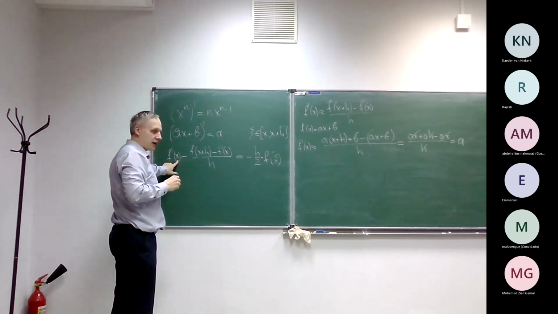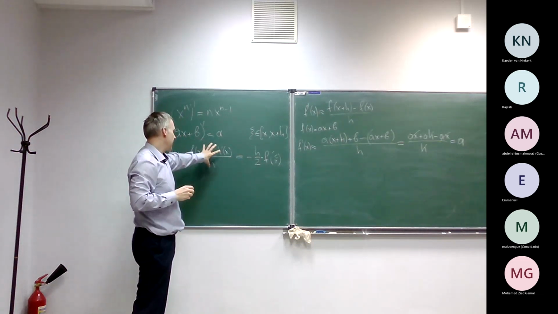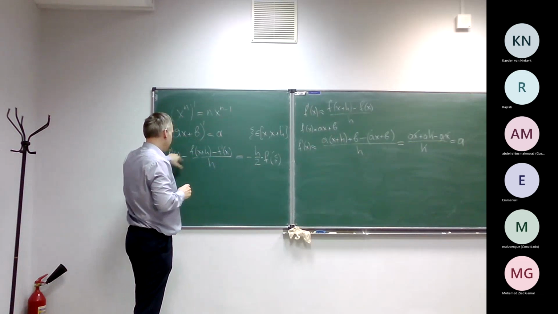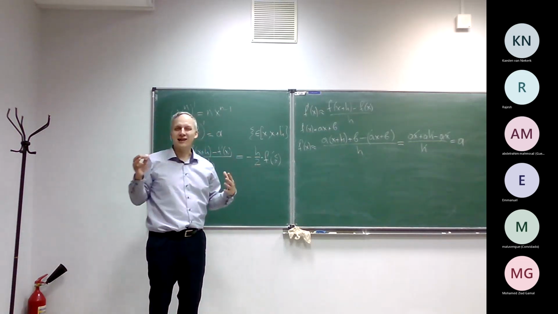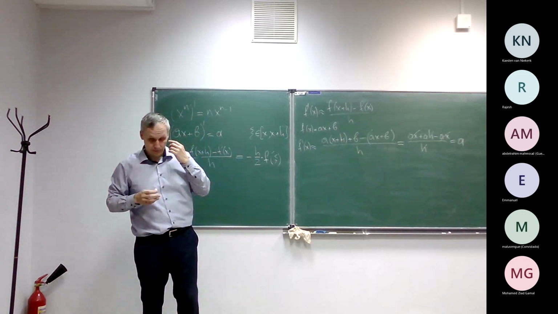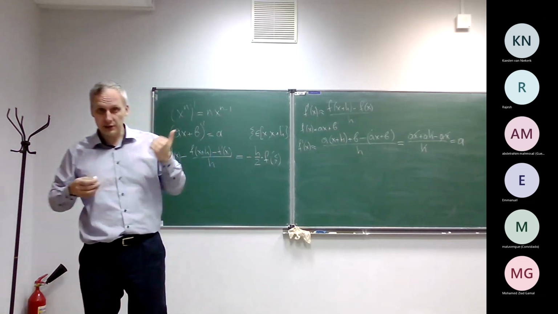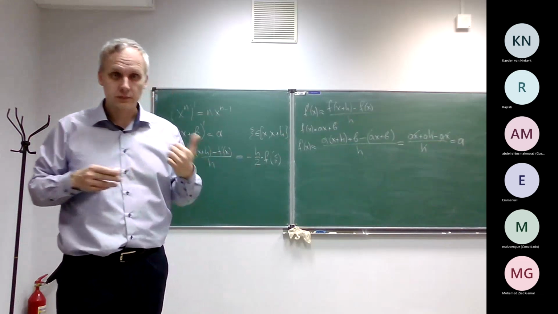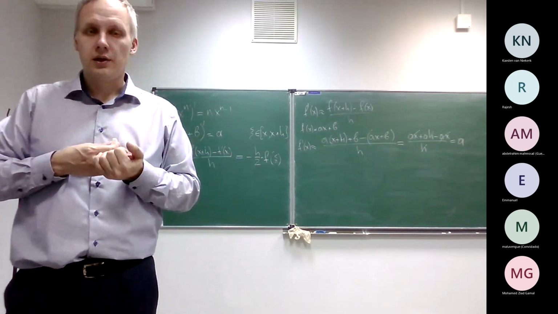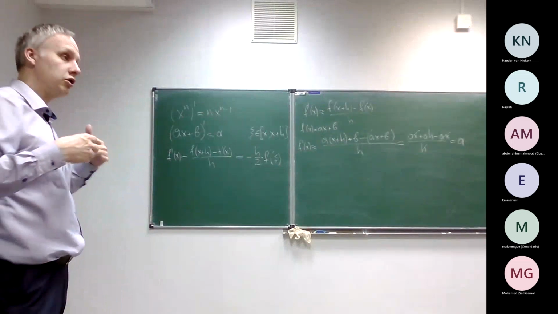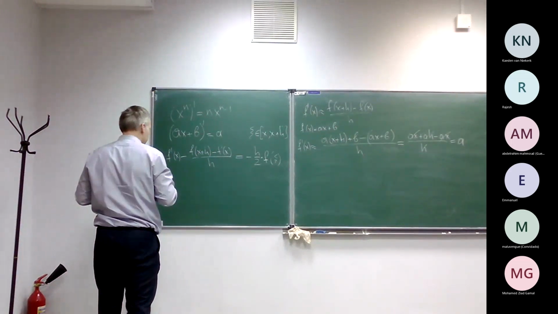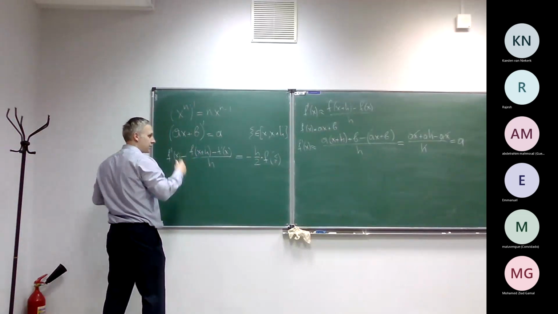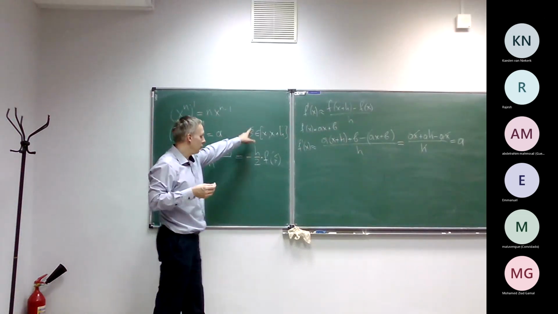So this is the real value. This is the approximation. The real value minus the approximation equals some error term. And this formula gives us the opportunity to estimate the largest error on this interval.